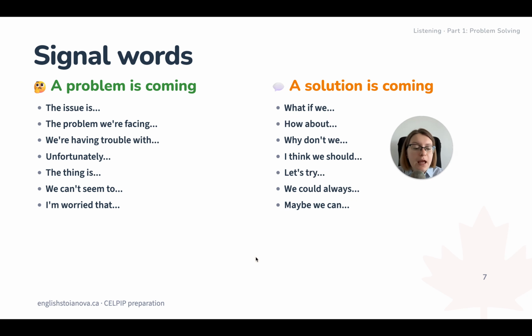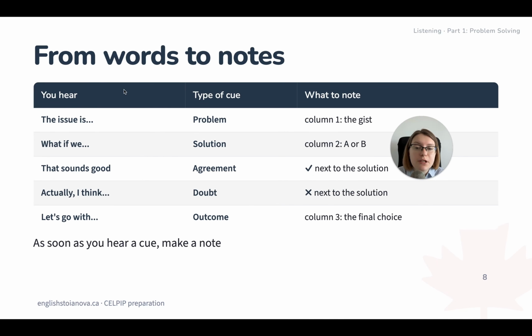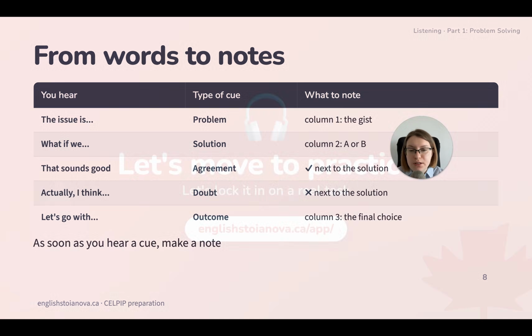And sometimes when you hear this, it's your signal. You note in the column the gist, the main idea, what's the problem here. Whenever you hear the word, just write it in the column, and you could just write one keyword. You don't have to write the whole sentence.